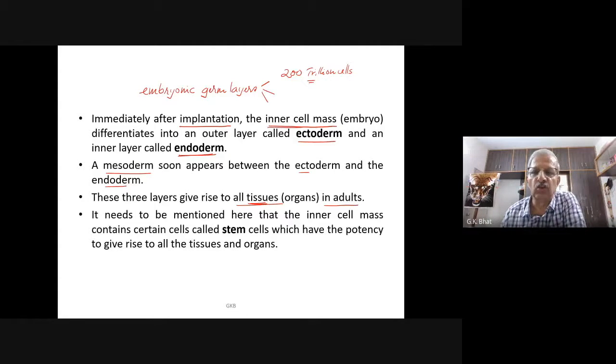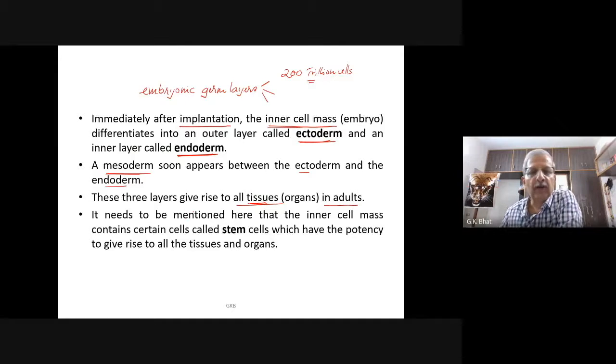These tissues join to form organs, and organs join to form organ systems. It is very necessary to know what ectoderm forms, what different organs endoderm forms, and what structures are formed by the mesoderm. And we are going to study that now.